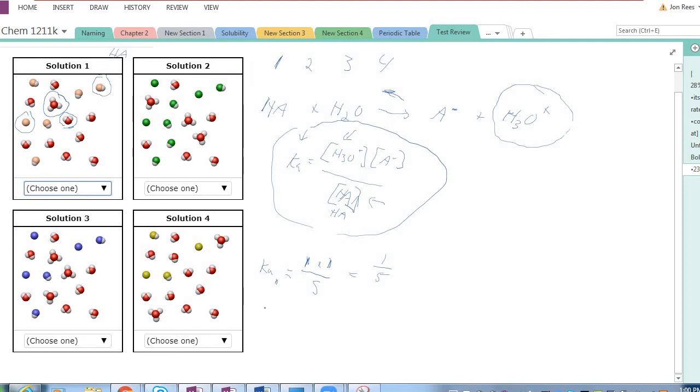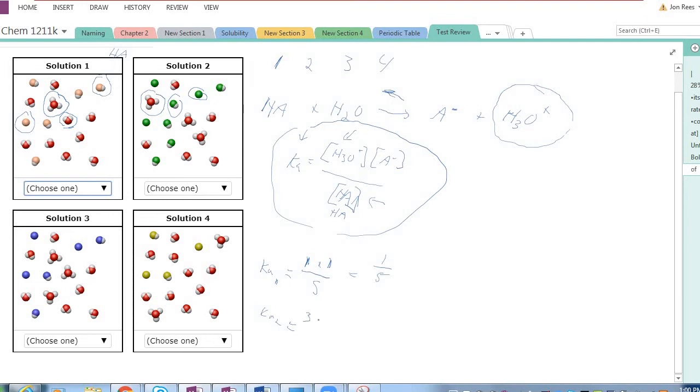Let's look at solution number 2, the Ka of 2. I see my hydronium, my A minus right there, and my HA right there. So let's go ahead and count these up. For the H3O plus, I count 1, 2, 3.